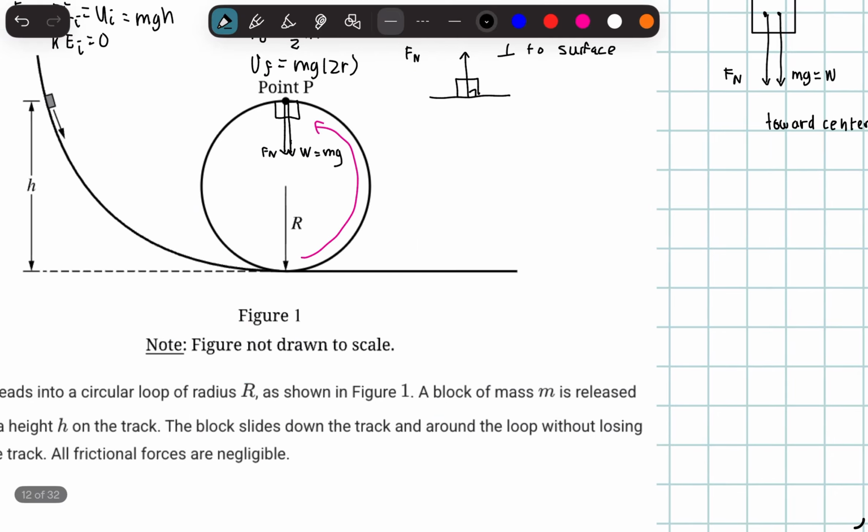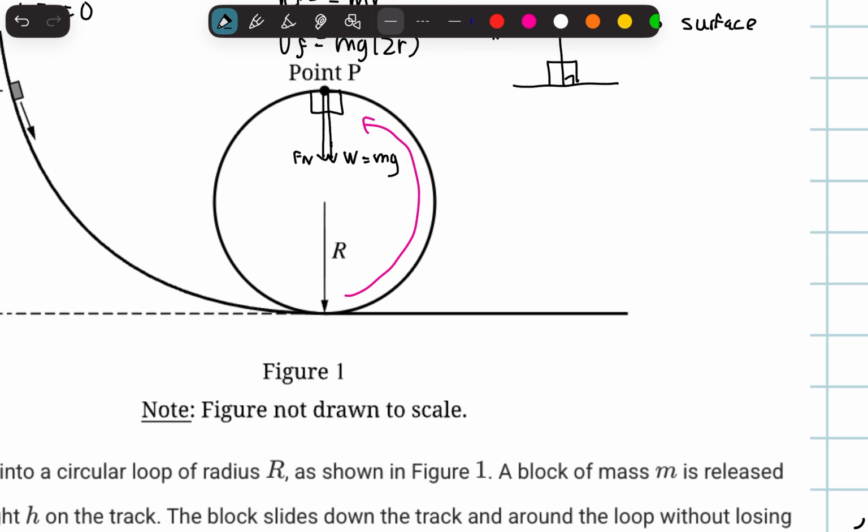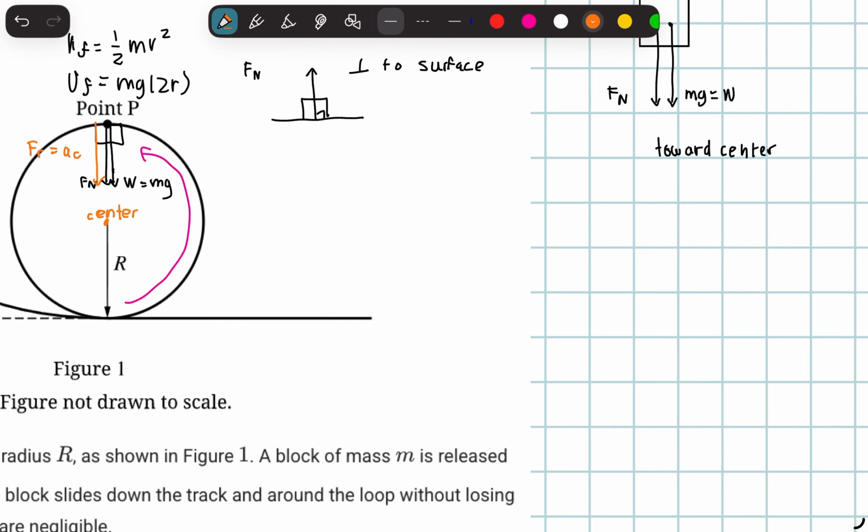So if we look here, we can see that they're pointing towards the center. This is the center. So you can also imagine that you have a force here, which is your centripetal force, Fr.